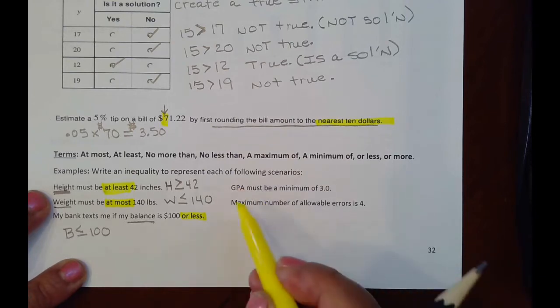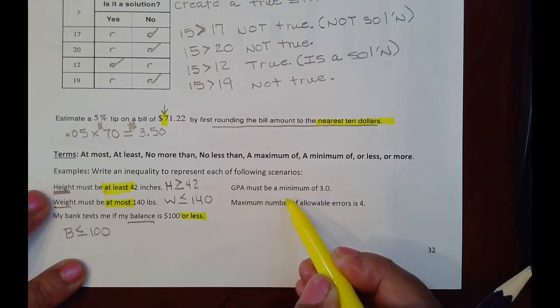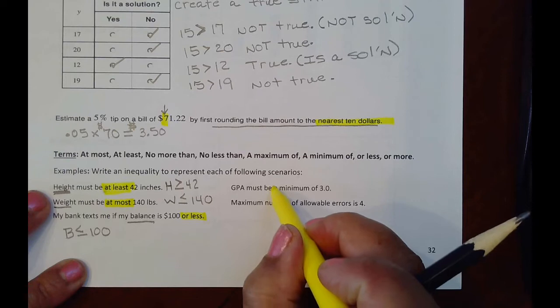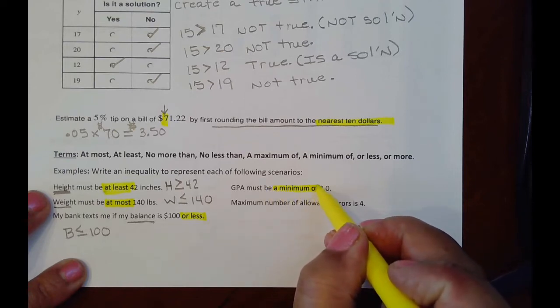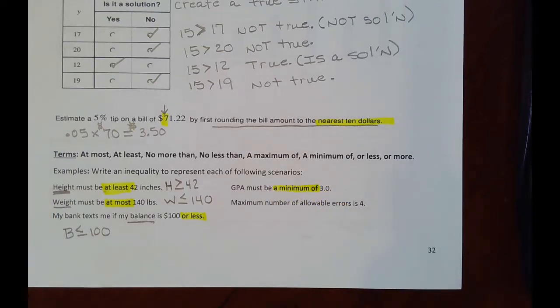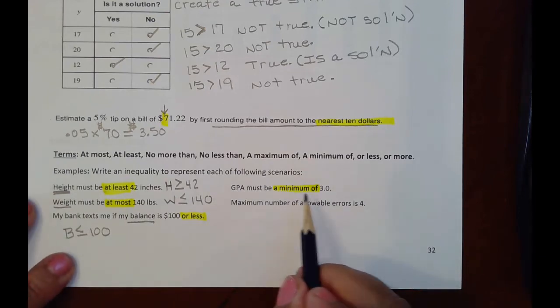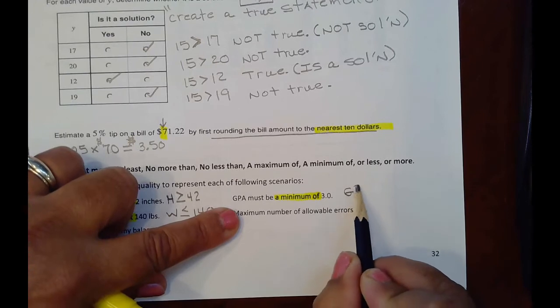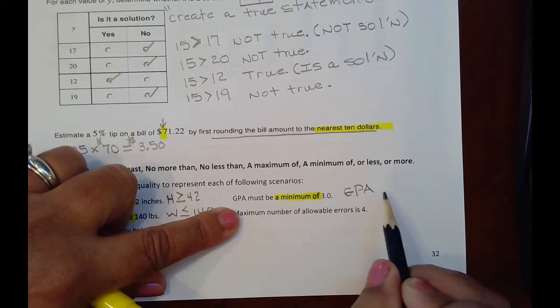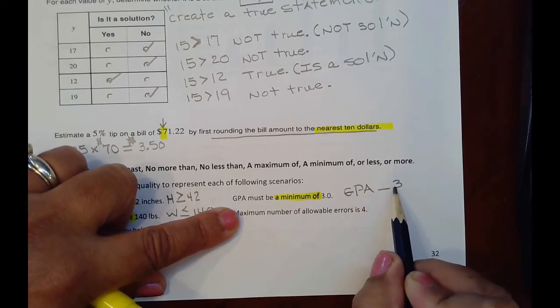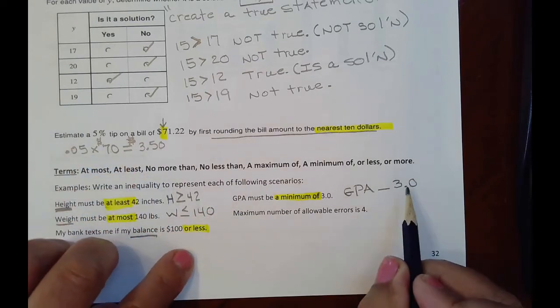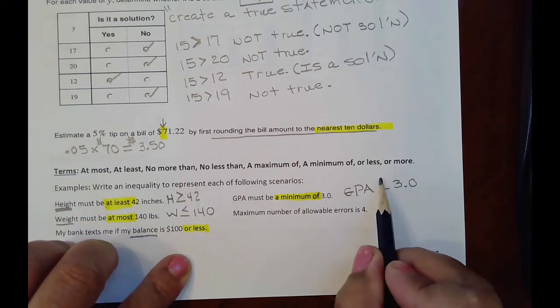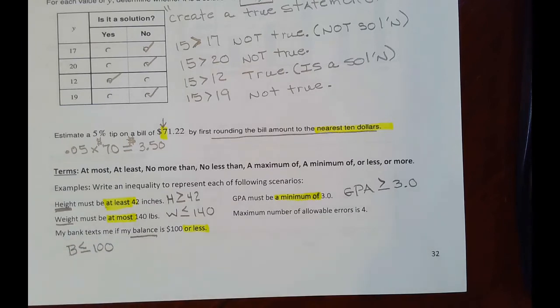Next one, GPA must be a minimum of, that's the phrase we're concentrating on there, a minimum of 3.0. Your GPA can be equal to 3.0, but if this is the bare minimum that it can be, then it's okay for it to be higher. The higher you can go with that, the better off you are.